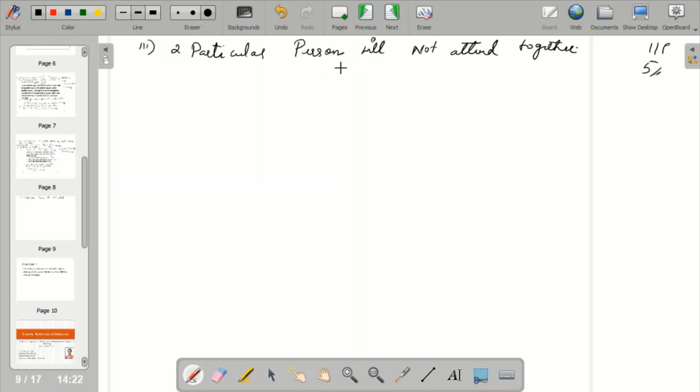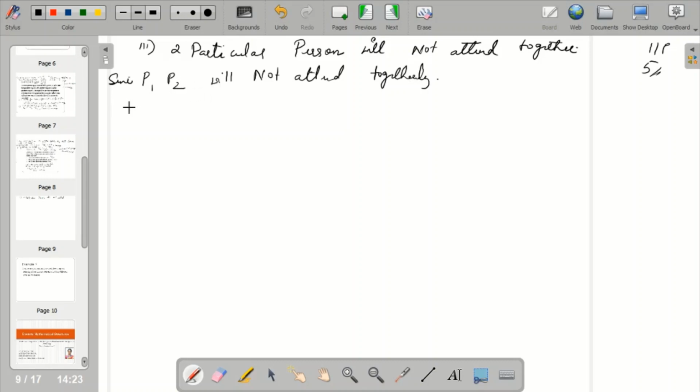Since two particular persons, say P1 and P2, will not attend together, then only one of them needs to be invited, or both should not be invited.